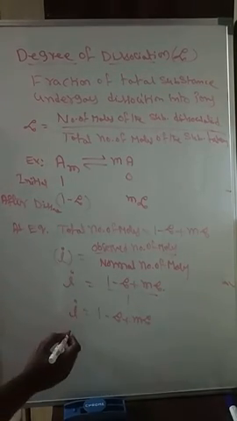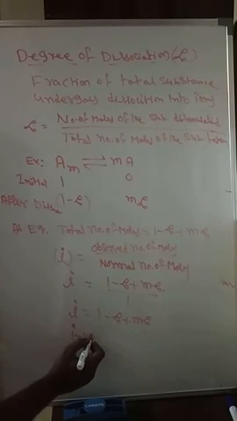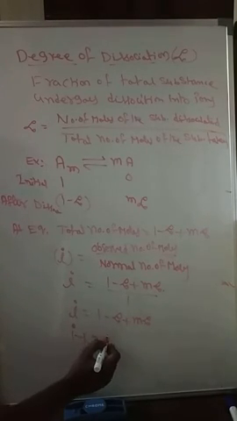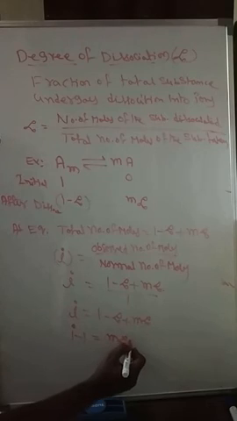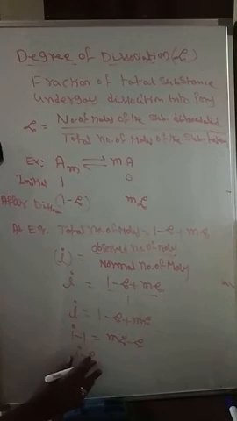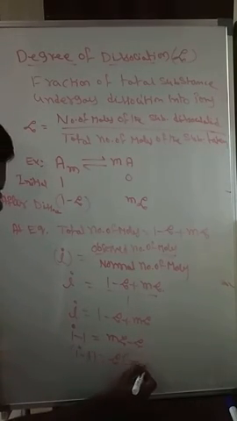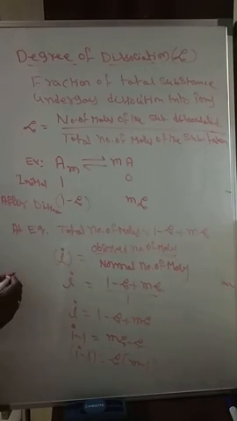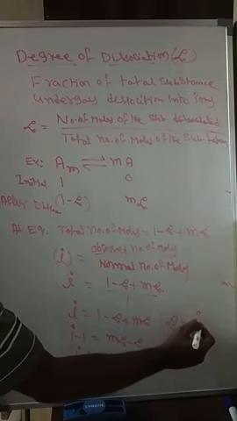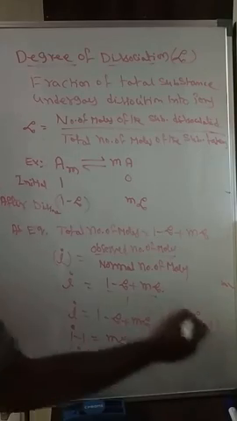Now take i minus 1, which is equal to m alpha minus alpha, that is i minus 1 is equal to alpha into m minus 1. From this formula, the final expression is alpha is equal to i minus 1 by m minus 1.